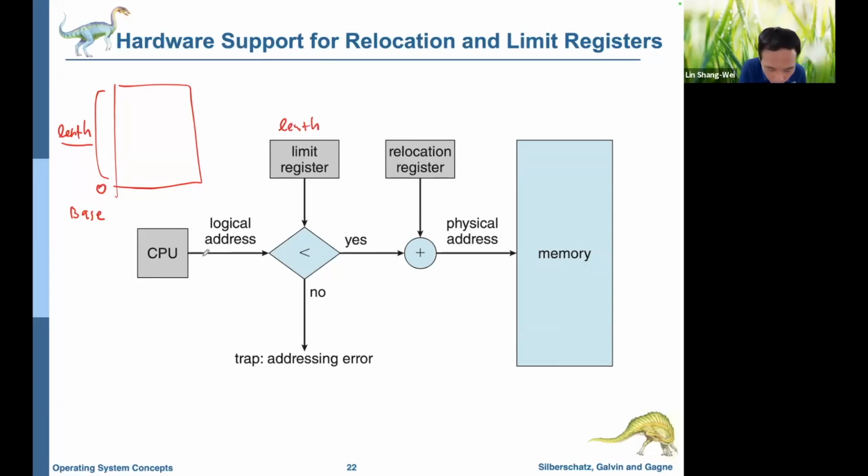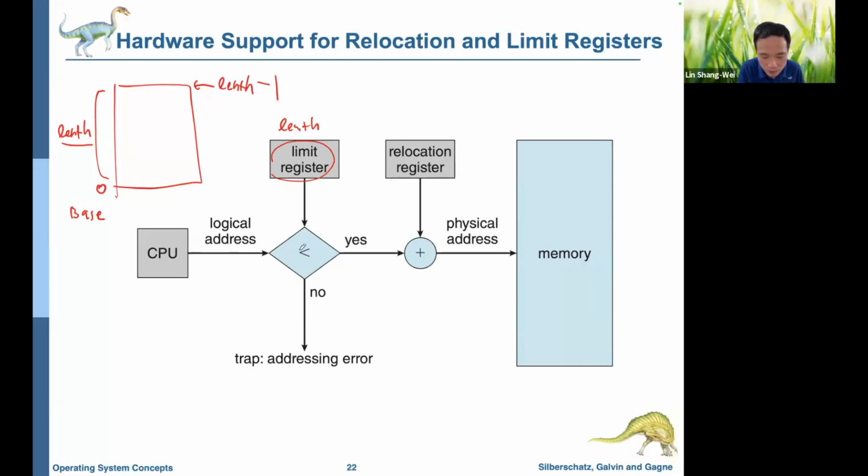Whenever you have a logical address here, we only have to compare it with the limit register. This is because the logical address starts from 0. So where is the last byte? It will be your length minus 1. So to check whether a logical address is valid, you only have to compare with the limit register, which gives you the length of this range.